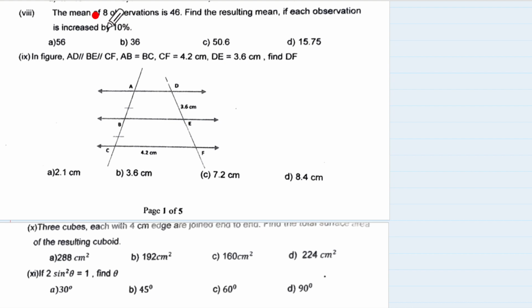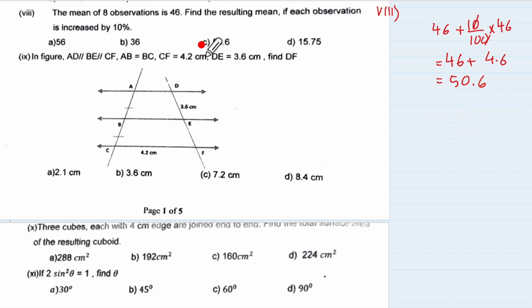Question 8. Mean of 8 observations is 46. Find the resulting mean if each observation is increased by 10%. So for our 8th one, if the original mean is 46, then the new mean also will be more by 10% of 46, which means it will become 46 plus 4.6, and that will be 50.6.